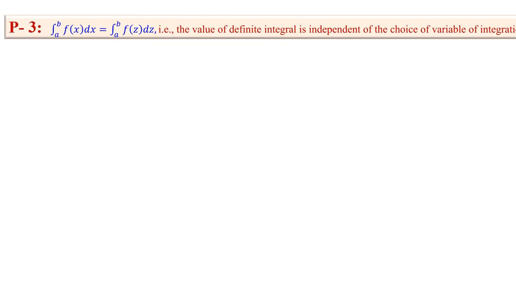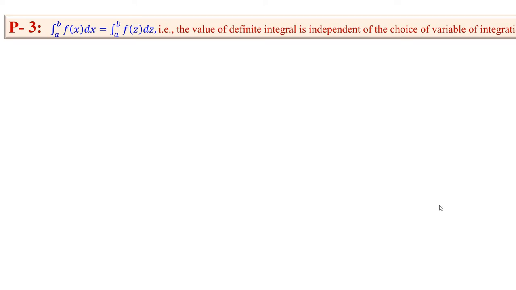Next we have property 3: integral a to b f of x dx is integral a to b f of z dz. That is, the value of the definite integral is independent of the choice of variable of integration. This is called the variable of integration.